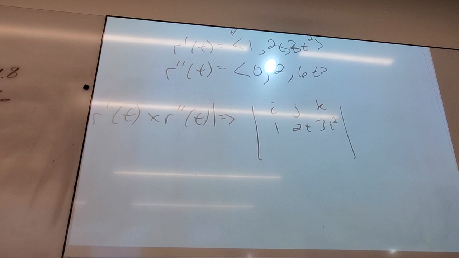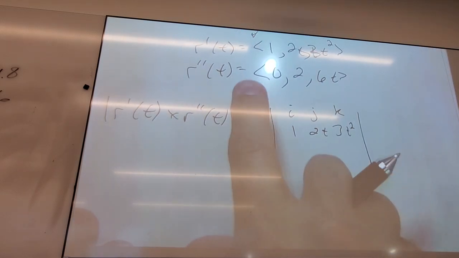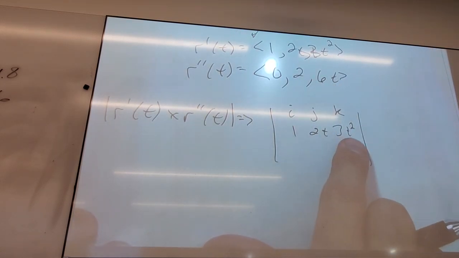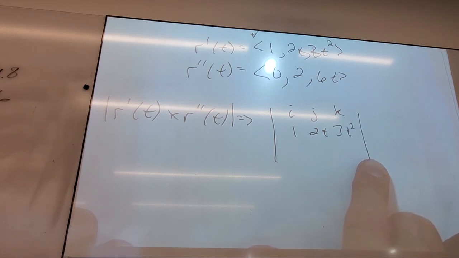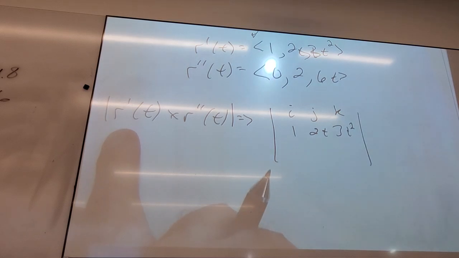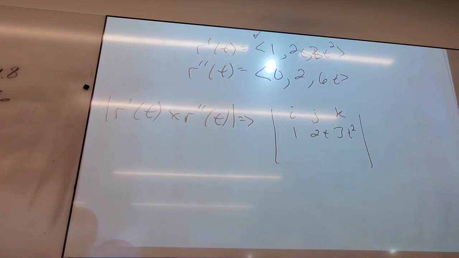By the way, would it have been okay if I had put 0, 2, 6t right here instead, and then 1, 2t, 3t squared below that? No. In general, that would be bad. Notice this says the length of this, but if you do a cross product and change the order, it's the negative of what it would have been the other way.